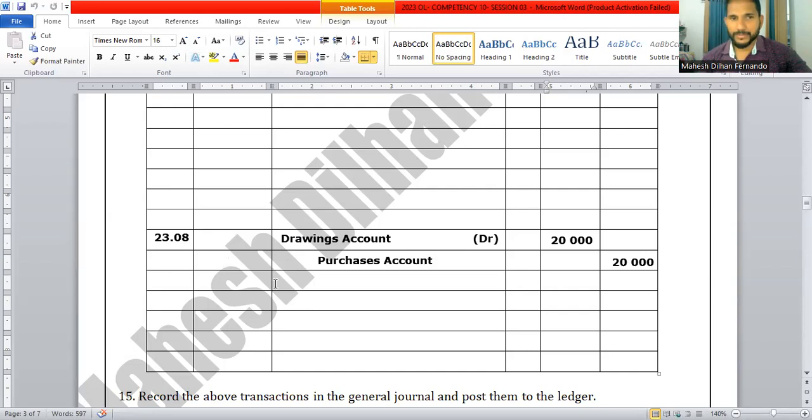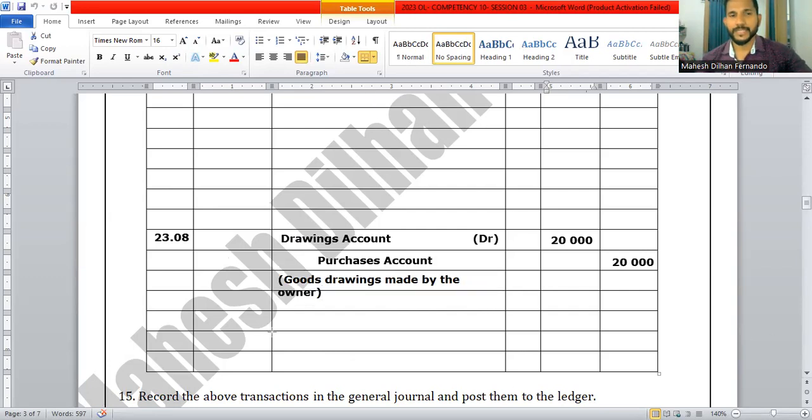Then the narration. Briefly describe the reason for your entry. Goods drawings made by the owner.